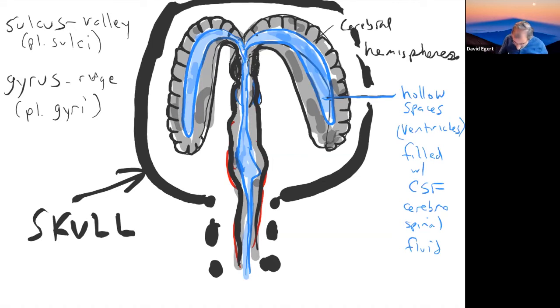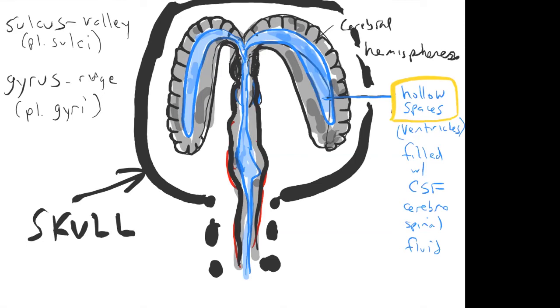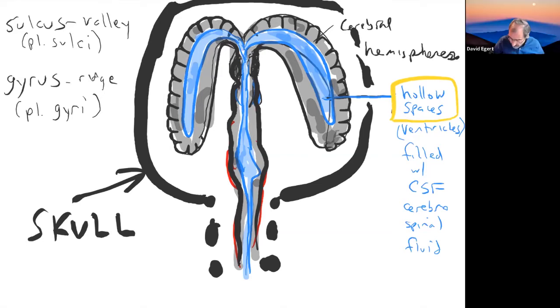What kind of glial cells are going to line all of our hollow spaces? Ependymal? Exactly. These are all lined with ependymal cells.